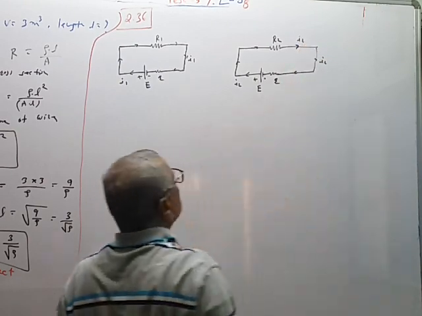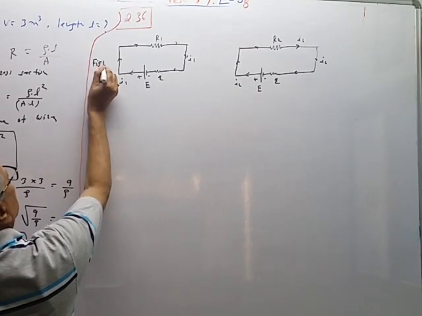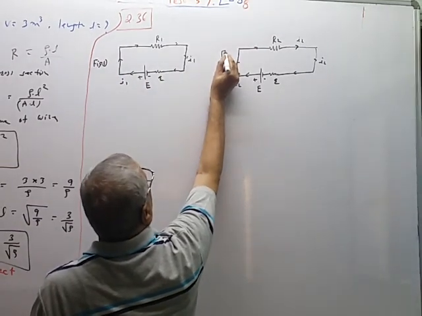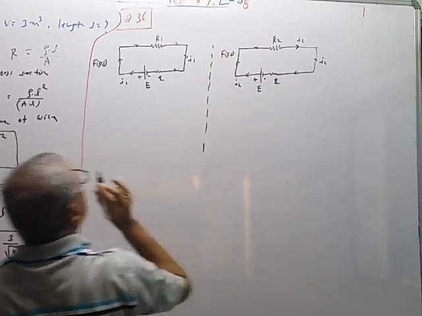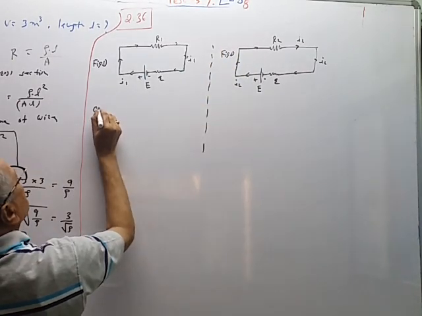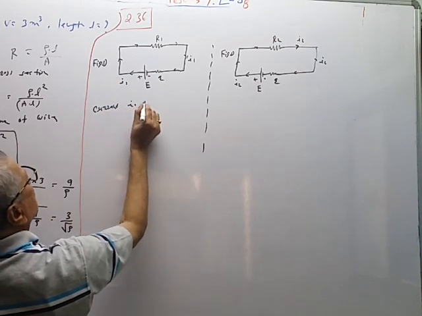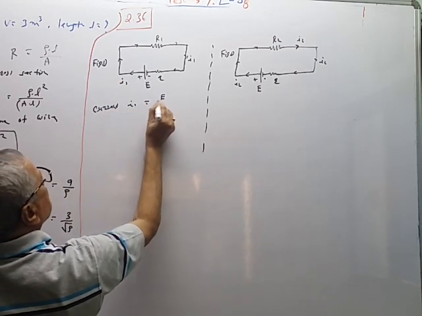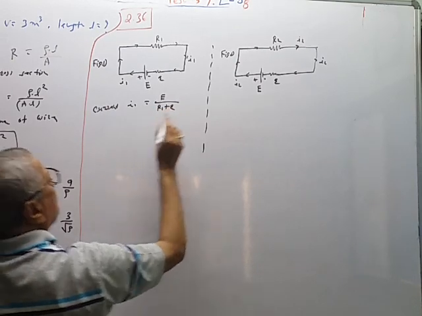So these are two separate circuits. Figure 1, figure 2. So current I1 is equal to EMF E upon R1 plus r.